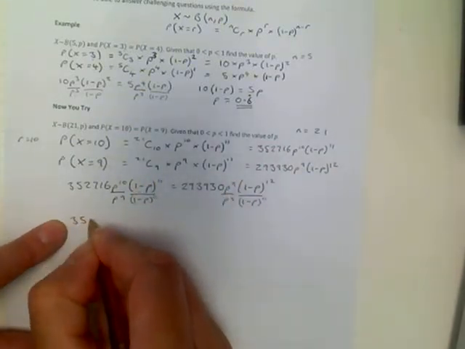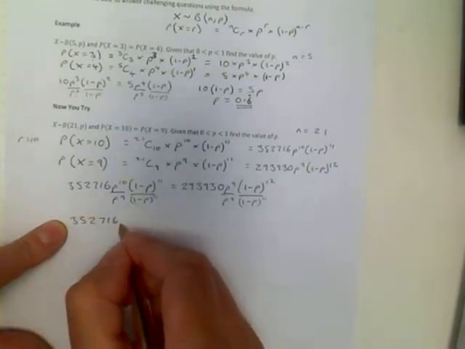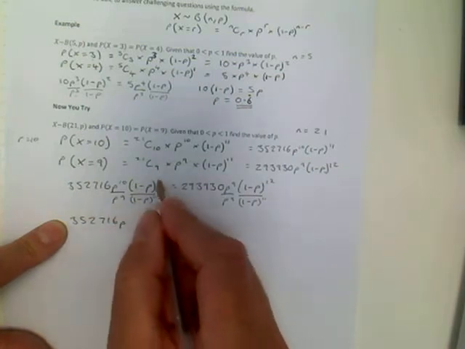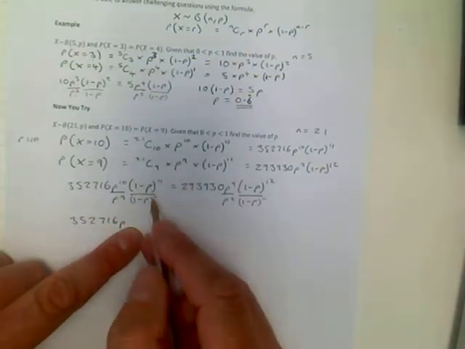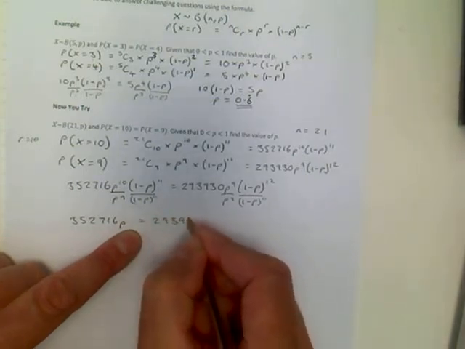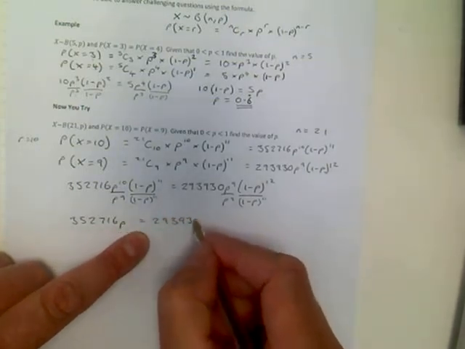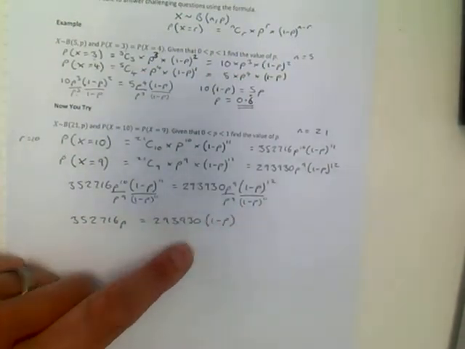So I end up with 352,716 p. Those cancel down to 1, so we'll multiply by 1, equals 293,930 times 1 minus p.